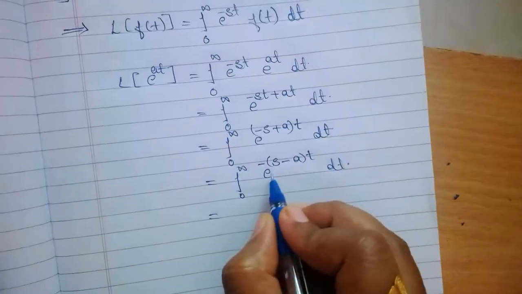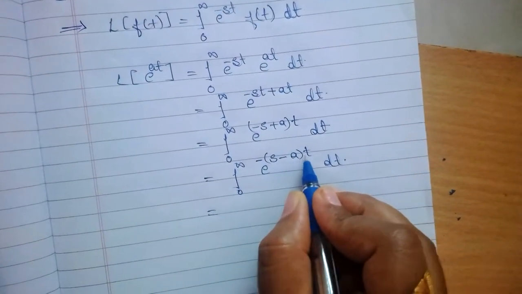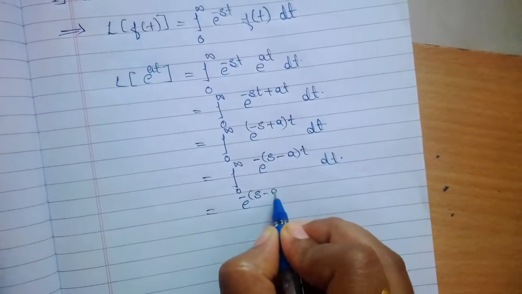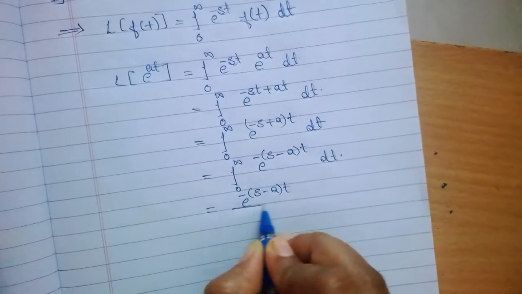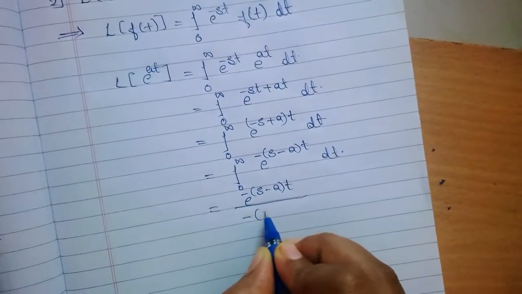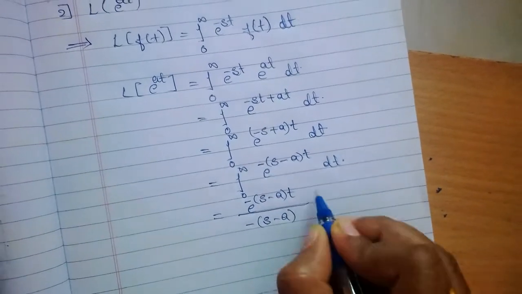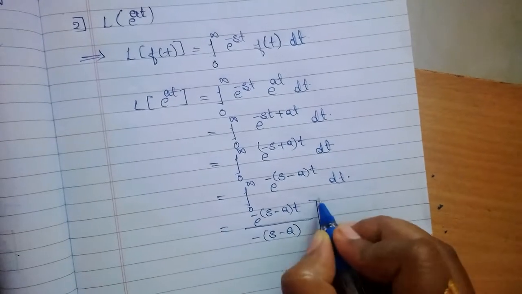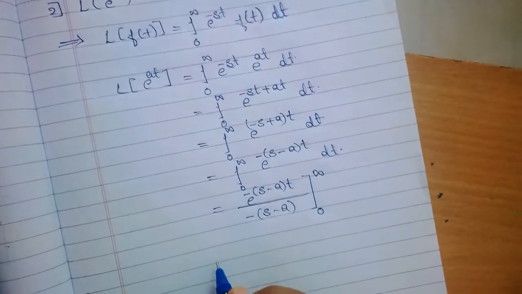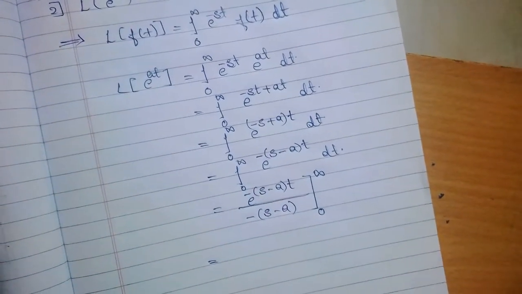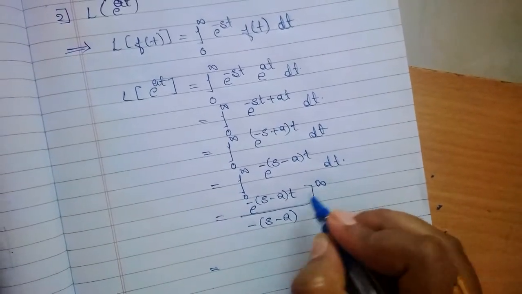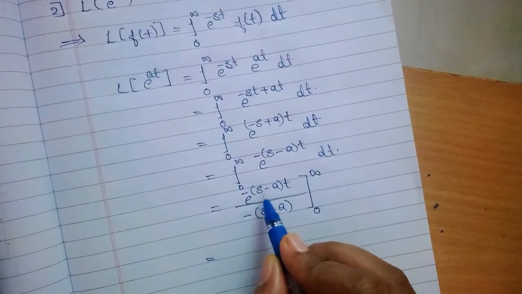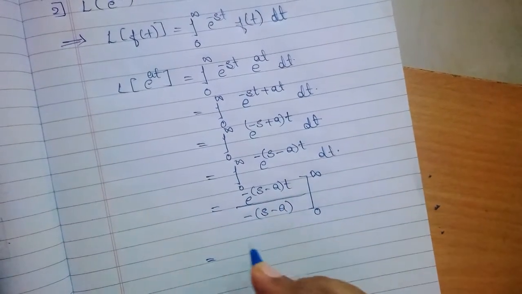Integration of e raised to minus s minus a into t is e raised to minus s minus a into t divided by minus of s minus a, where limits are 0 to infinity, which is equal to, next we have to apply the limits. First, e raised to minus infinity value is 0.